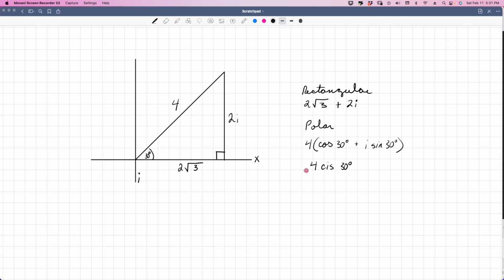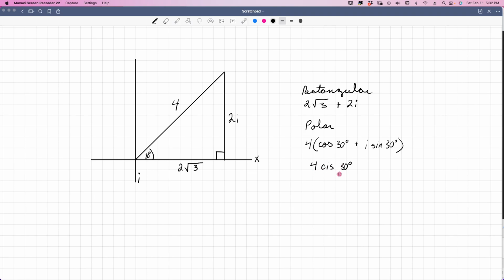And for shorthand, we write it as 4 cos i sin, and then the degree of measure. So the hypotenuse, CIS, which stands for all of this, and the degree of measure, which is substituted into these locations here after the cosine and the sine. But that is what that stands for. And this is the form that we're going to use the most often.